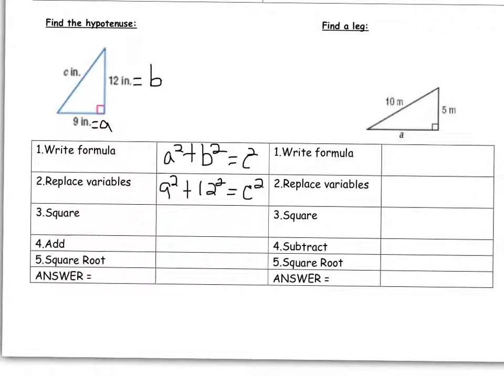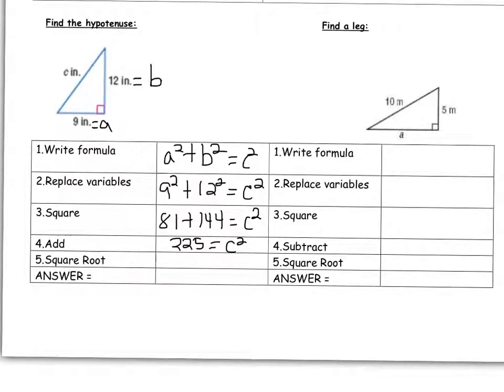I'm trying to find out how long the hypotenuse is. So then I'll square those. 9 squared is 81. 12 squared is 144. I will add those together. I'm going to sum them. So that's how many squares would be coming off of the distance of the hypotenuse.